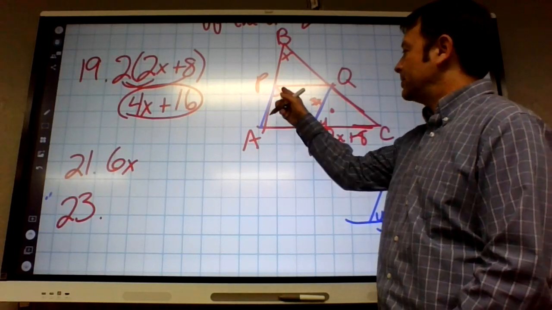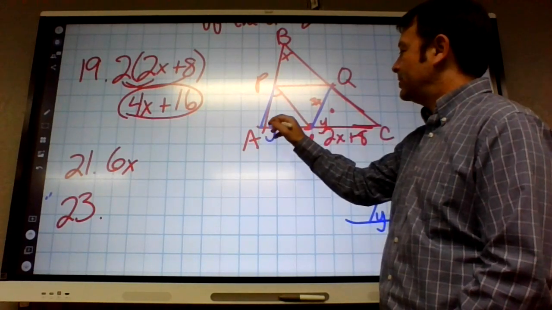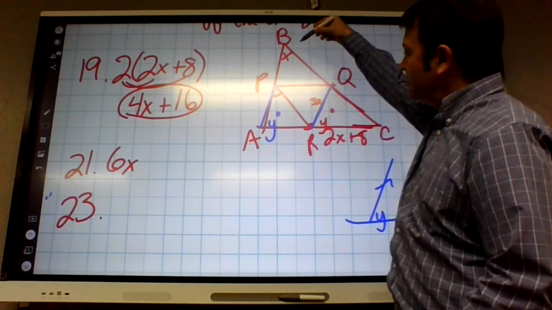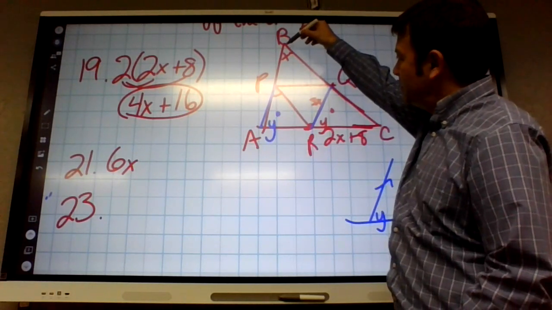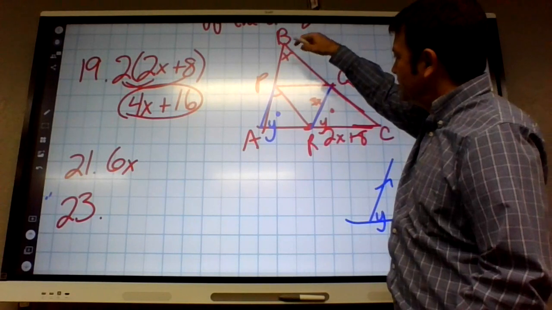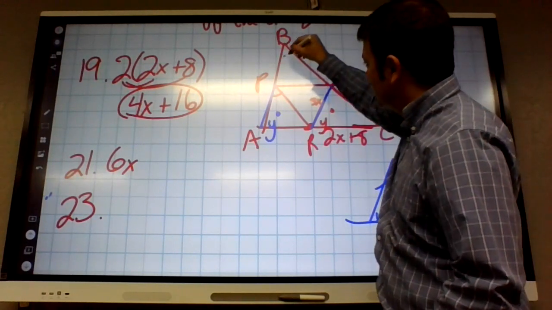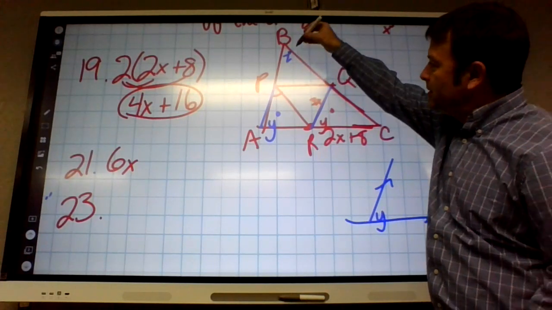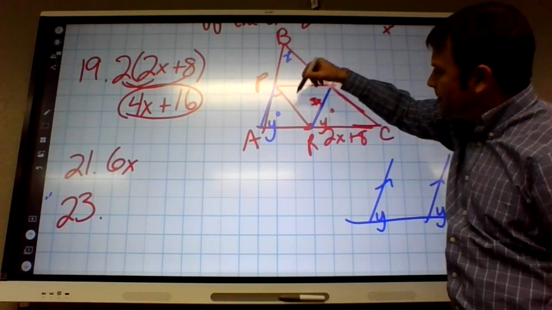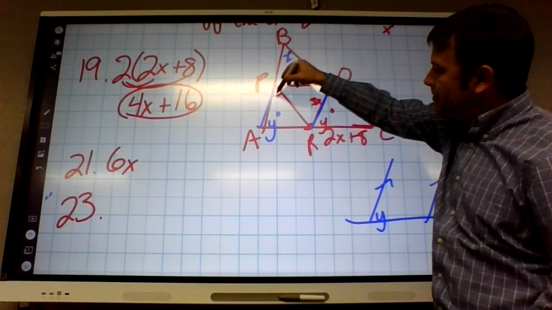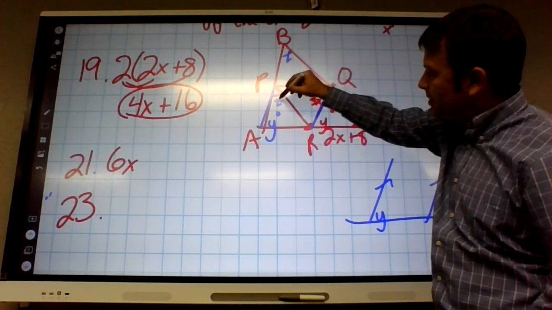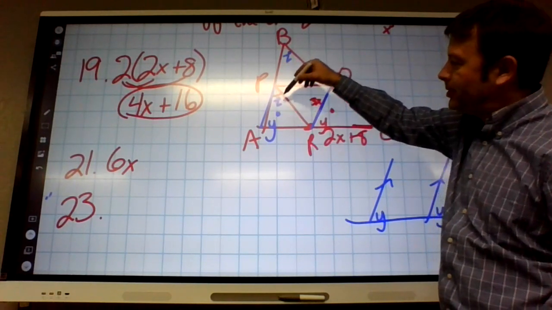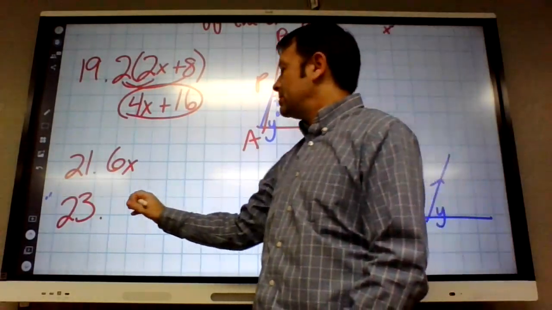This one down here is Y, but what about this one up here? It's Z. So these lines are also parallel, so these are also corresponding angles. It's angle APR, and it would be Z degrees.